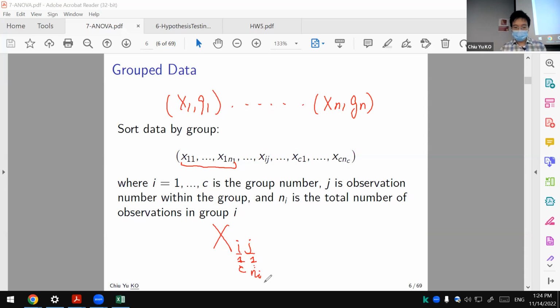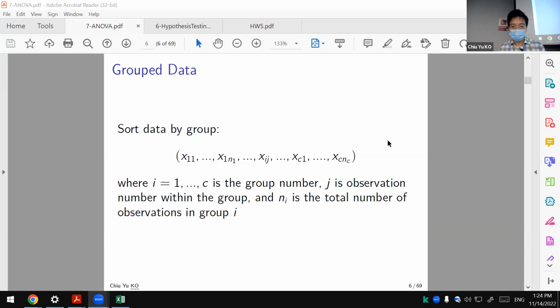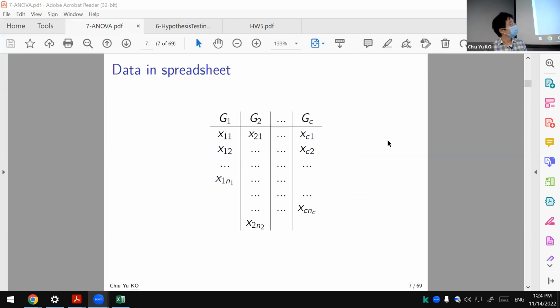So let's see the wide format. This is the format. The data you have, as I said, you just group all the same data, the same group, in a column. This will be x11, x12, x1n. So what does that mean? If this is NA College and this is CC College, this is the first observation for NA College.